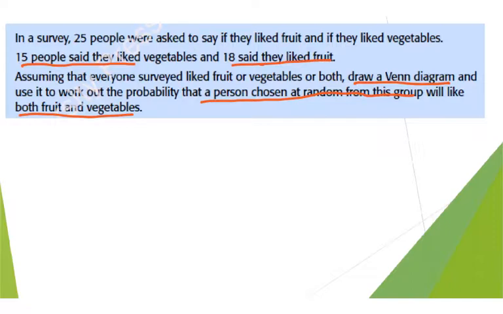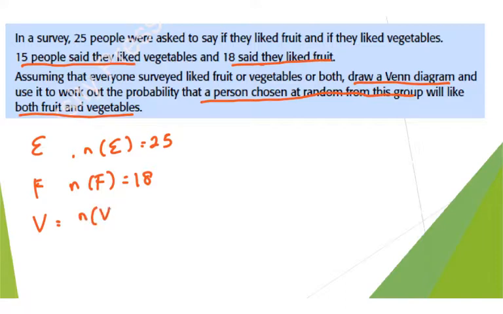We are going to use letters to make it quicker and easier to refer to the sets. The universal set here represents the number of people surveyed, and it is 25. We can define F as the people who like fruit, and the total given is 18 people. We can represent V as the people who like vegetables, and the total given is 15.